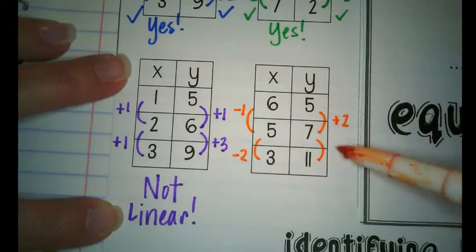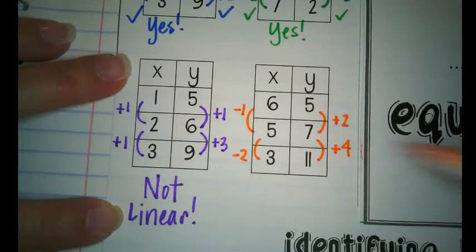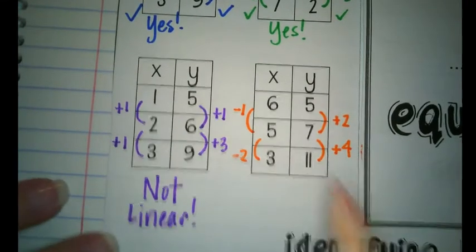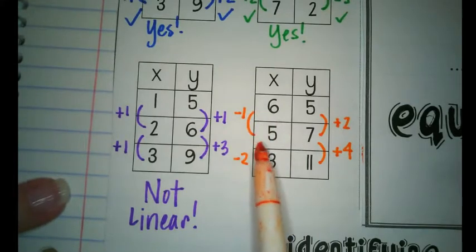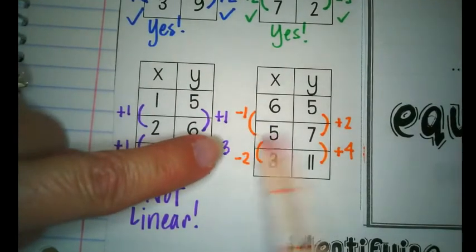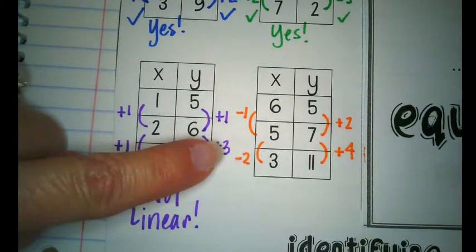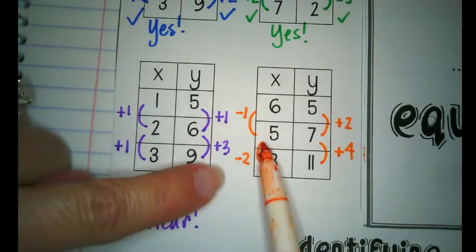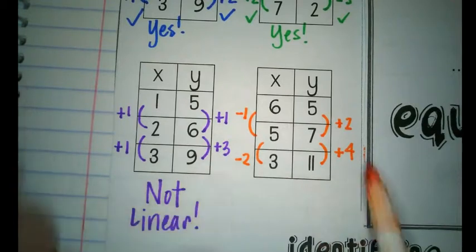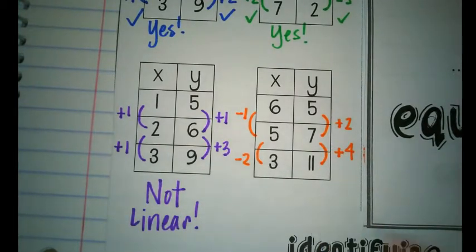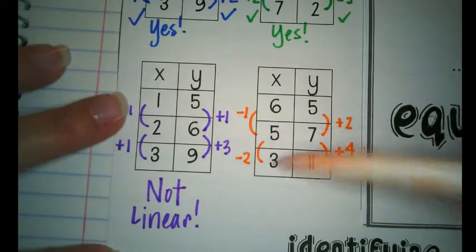From here to here, we're adding 4. So what I'm noticing is that when I subtracted 1 over here, I added 2 over there. When I subtracted 2 over here, I added 4 over there. So what that tells me is that I skipped a step in here.